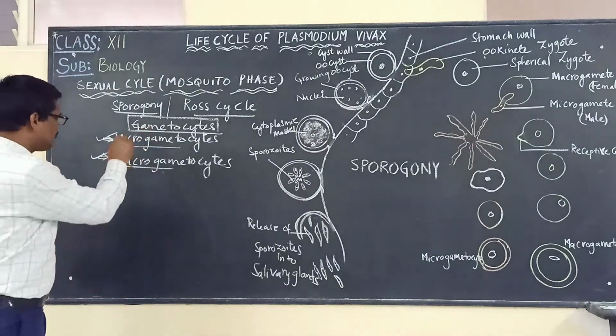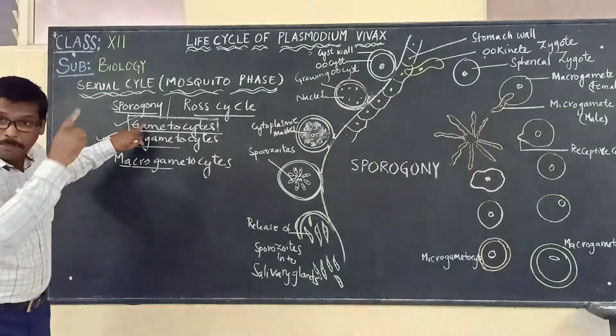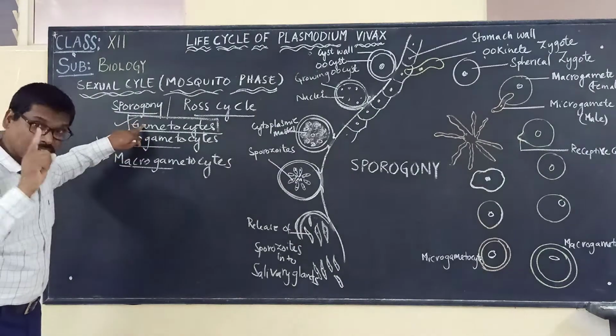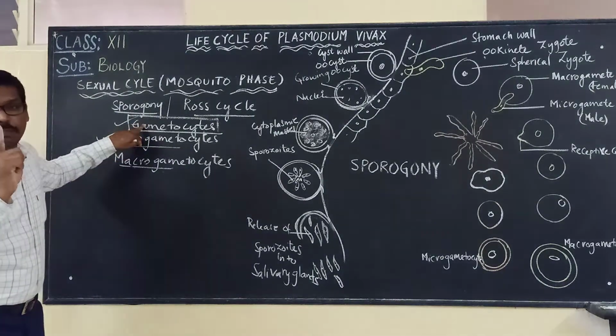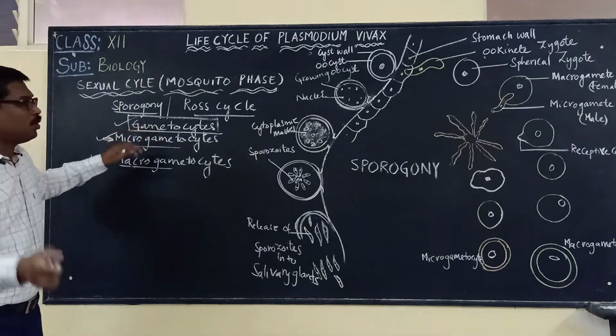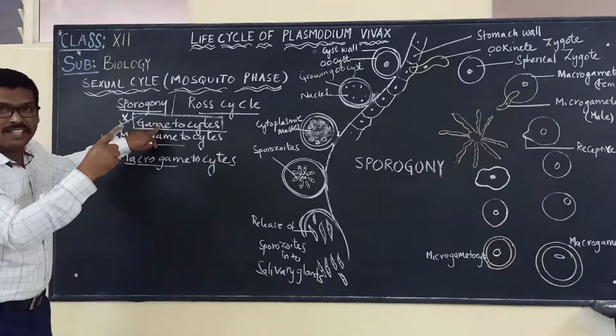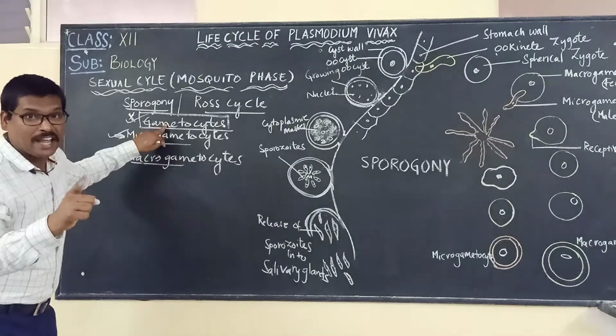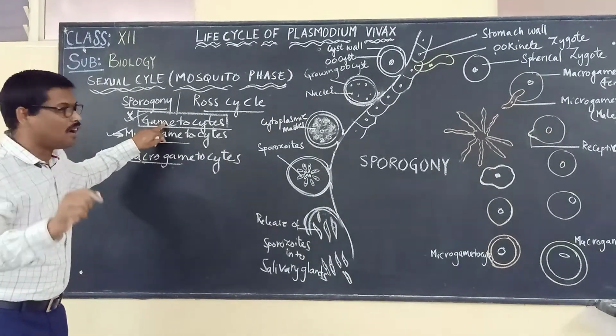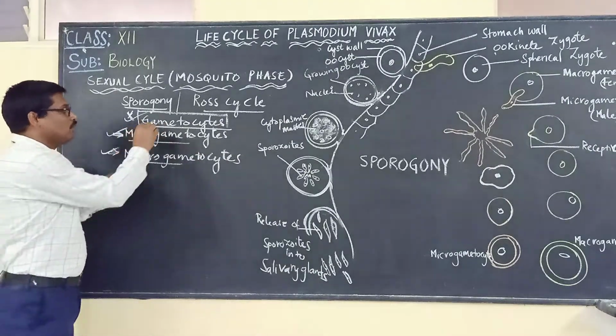This is the only stage of Plasmodium vivax which is resistant to what? The enzymes produced in the stomach of the mosquito. So you have to remember that.